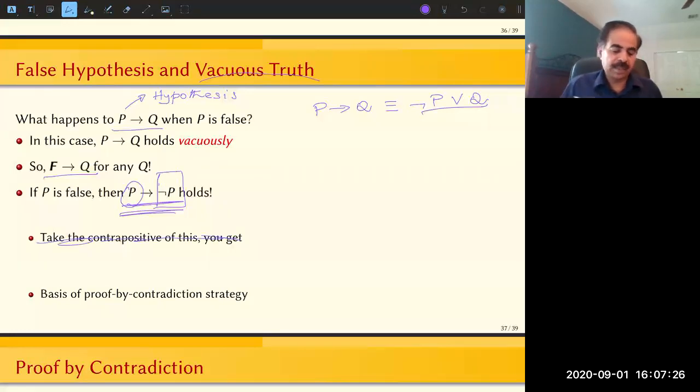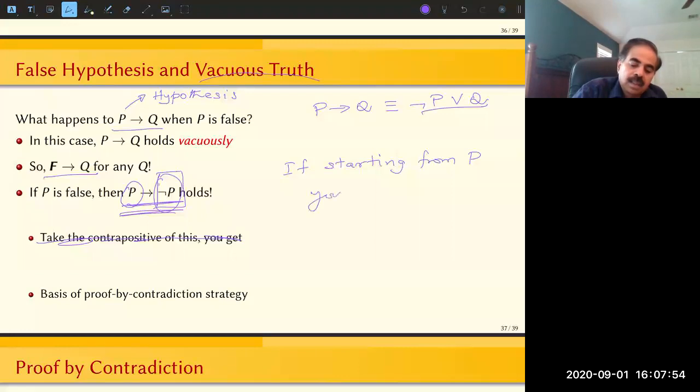I don't know what I'm saying here, so let's ignore that. What this says is that starting from P, you can prove not P. Okay, suppose you can do that.